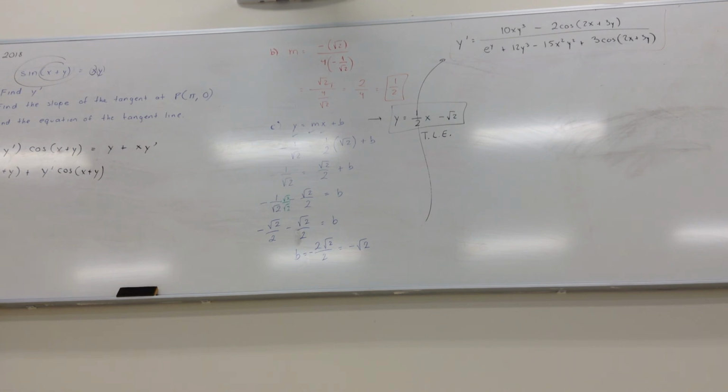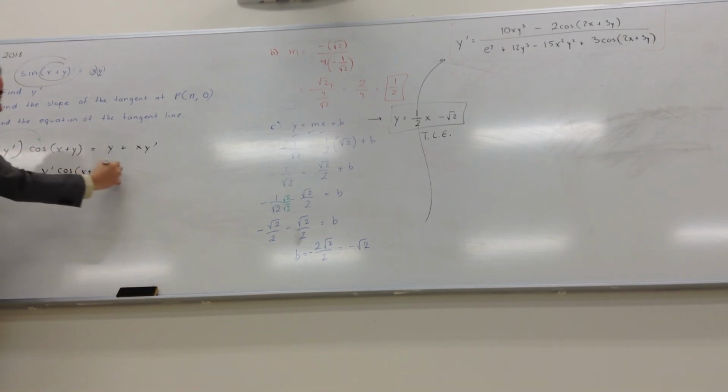Remember, I need to get rid of the parentheses. By the way, you need to put a parenthesis. If you just leave it like this, I'll take 1/7, because it's not just y prime times this, it's the whole argument, the derivative of the argument times the cosine. Careful with that, please.